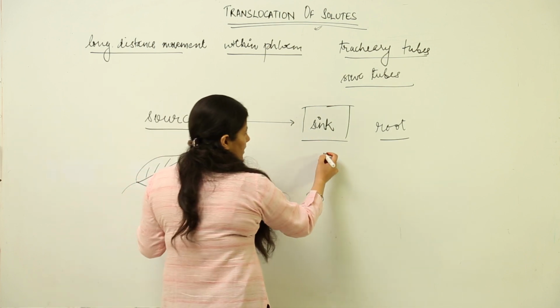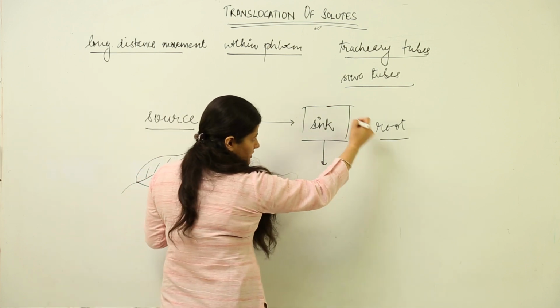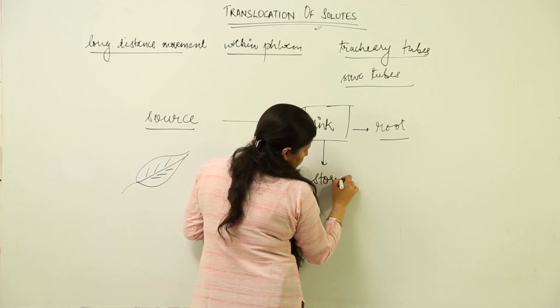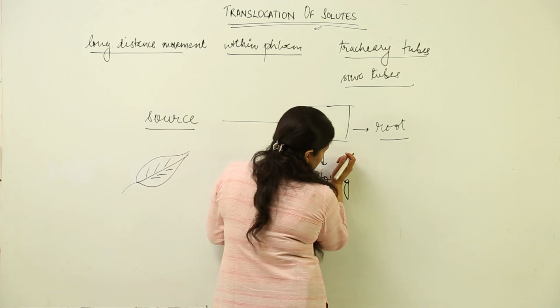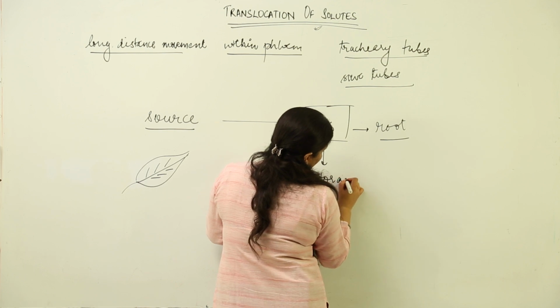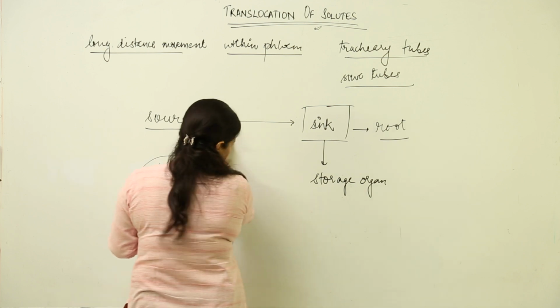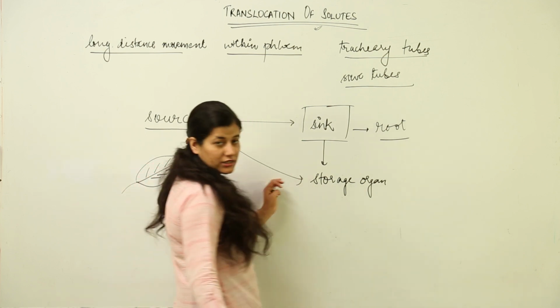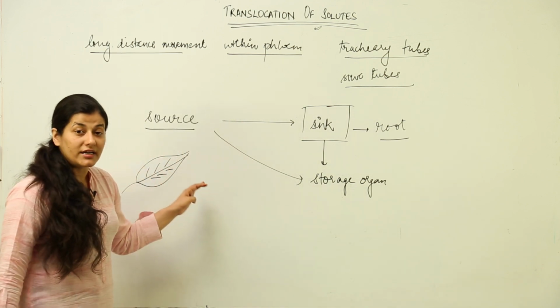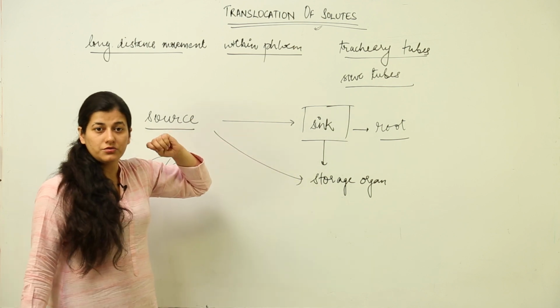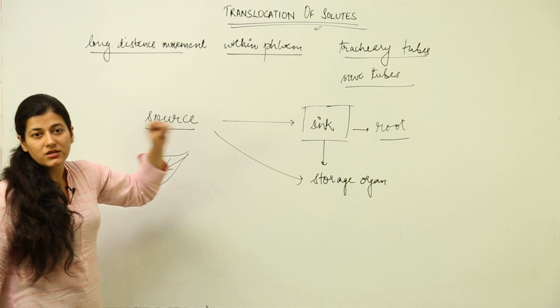The sink could be using it at that very moment, as in the case of root, or it could be storing the food material. So, there could be a storage organ as well. The source could translocate the food material that is being formed to the storage organ, or to the sink which is directly going to utilize whatever is being translocated.